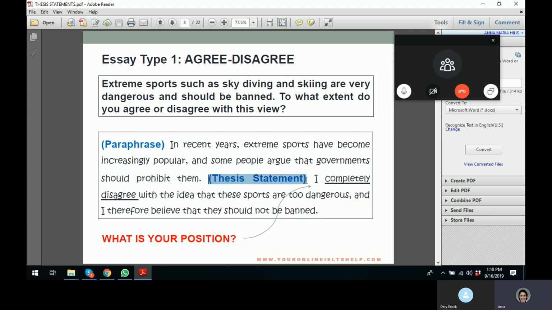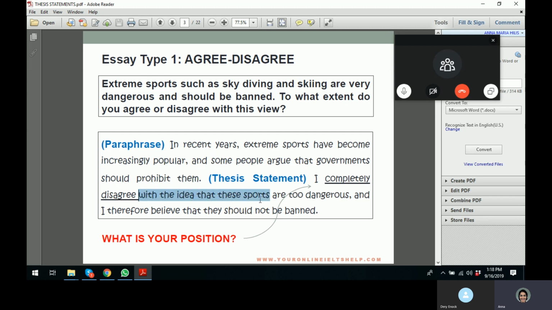And then the thesis. I completely agree, that is your position. So I highlighted your position. You have to either choose agree or disagree. You cannot be in between. So always mention the words agree, disagree. I totally disagree, I partially disagree, and so on. And what do you agree with or disagree with?